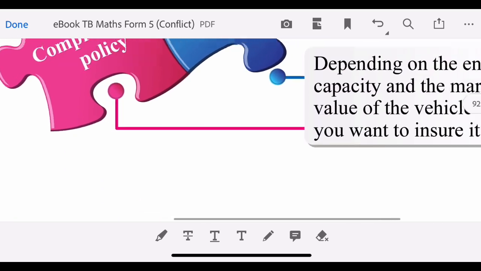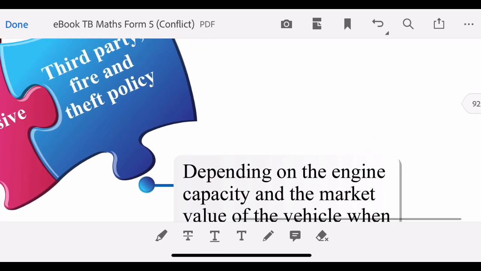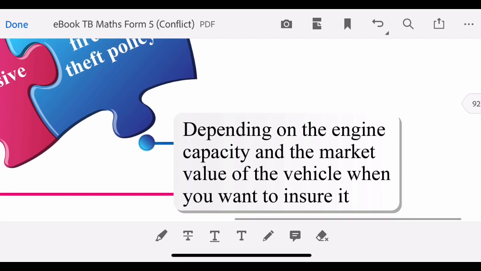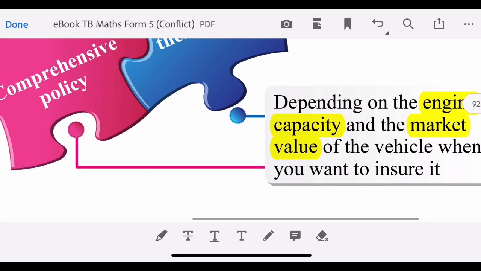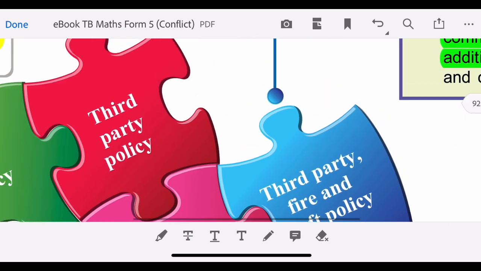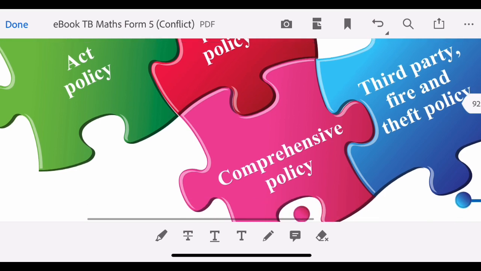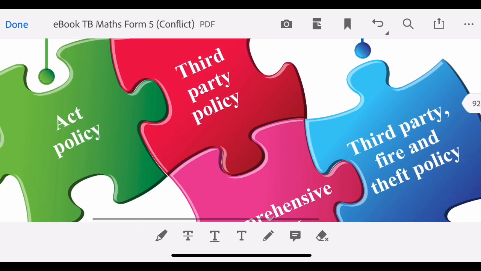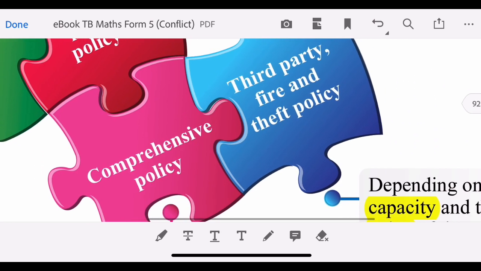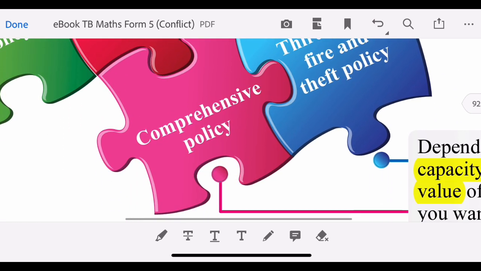And finally we have depending on the engine capacity and the market value of the vehicle when you want to insure it. Okay, so we have four types of policy. One is Act policy, third party policy, third party fire and theft policy, and comprehensive policy.